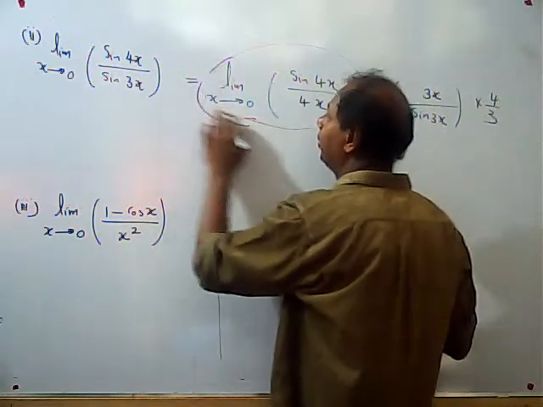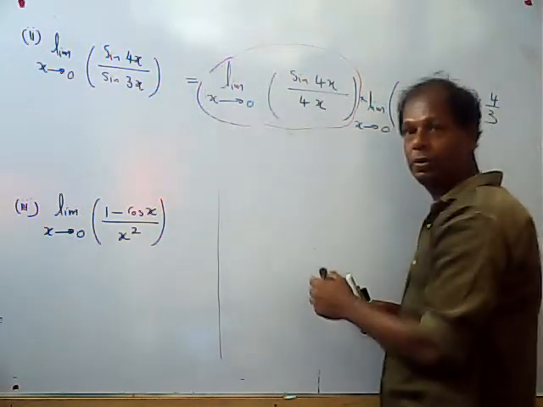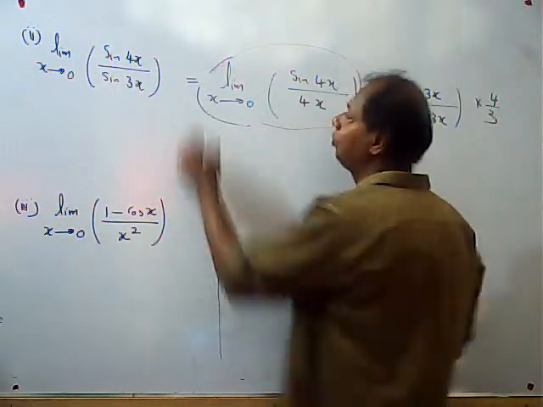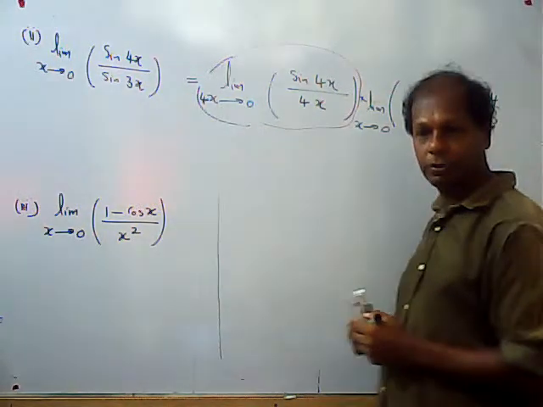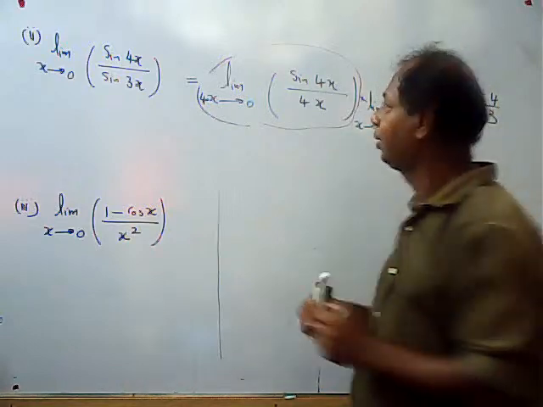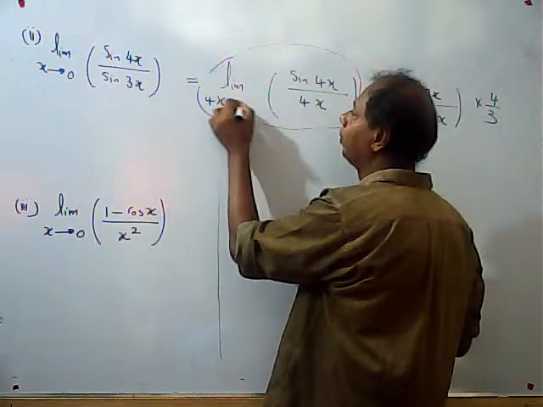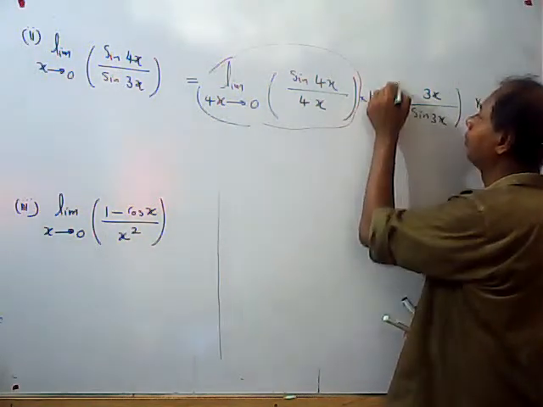It has 4x divided by 4x, but x goes to 0, and without any effort, you can change it to 4x. If x goes to 0, then 4x will also go to 0, right? So we can change it to 4x goes to 0. We can change it to 3x goes to 0.